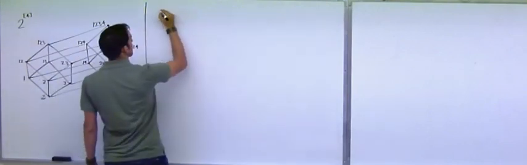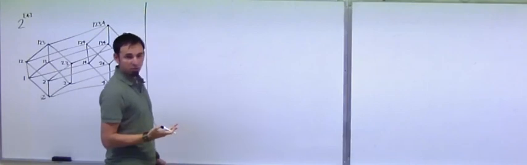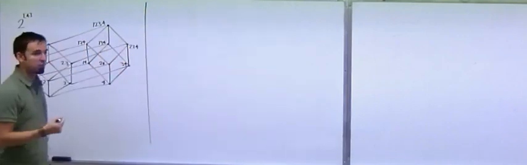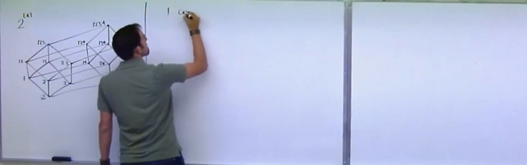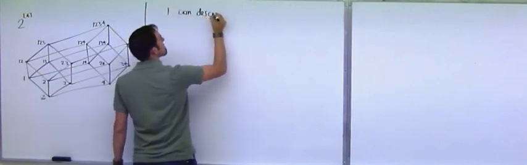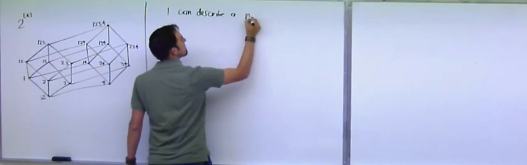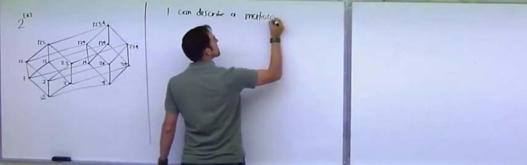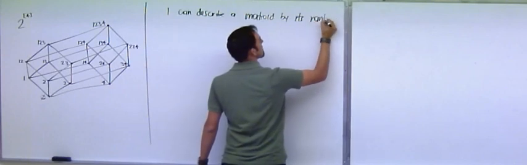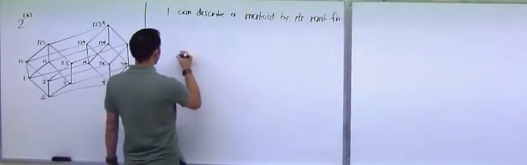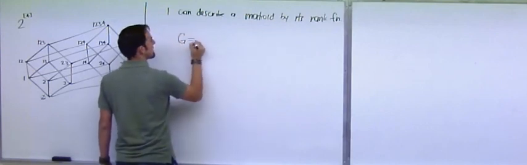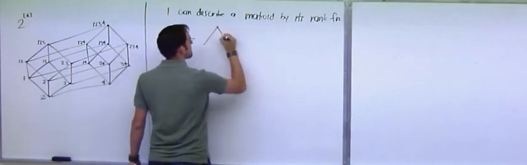The idea is that, remember that one way of describing a matroid is to tell you what the rank function is. Okay? I can describe a matroid by its rank function. So, for example, let's look at the matroid of a graph.